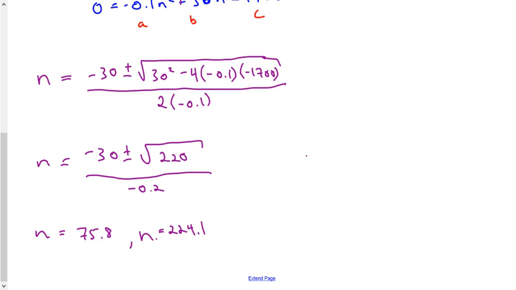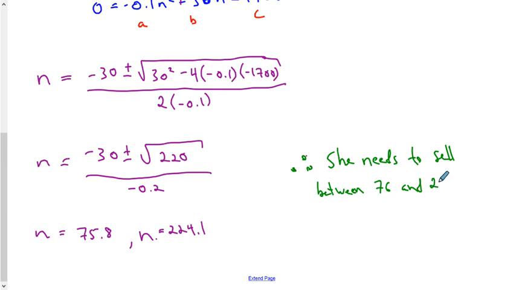So we'll say, therefore, she needs to sell between 76 and 224 bears to earn at least 500 bucks. And if she sells in between those two numbers, she's going to earn more.